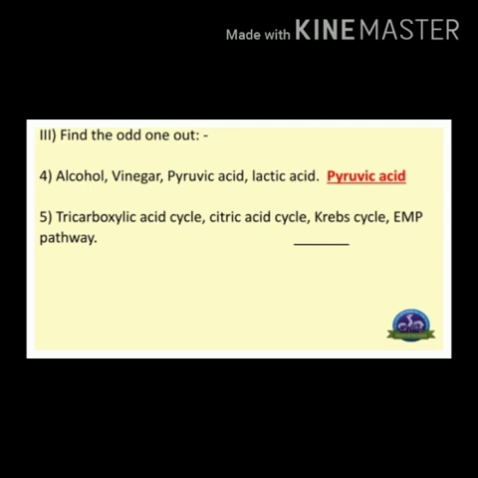Answer is pyruvic acid, because all others are chemical substances formed by the process of fermentation. Fifth one, tricarboxylic acid cycle, citric acid cycle, Krebs cycle, EMP pathway. Answer is EMP pathway, because all other terms have same meaning.